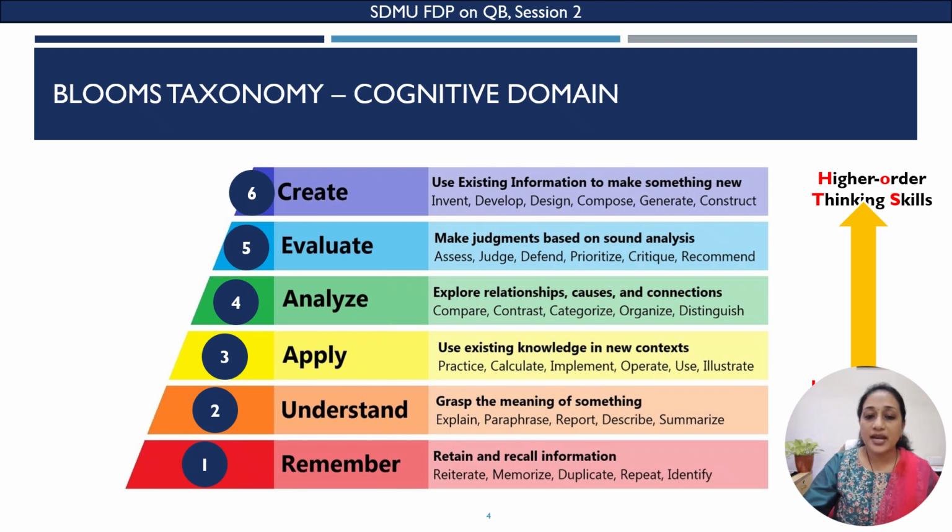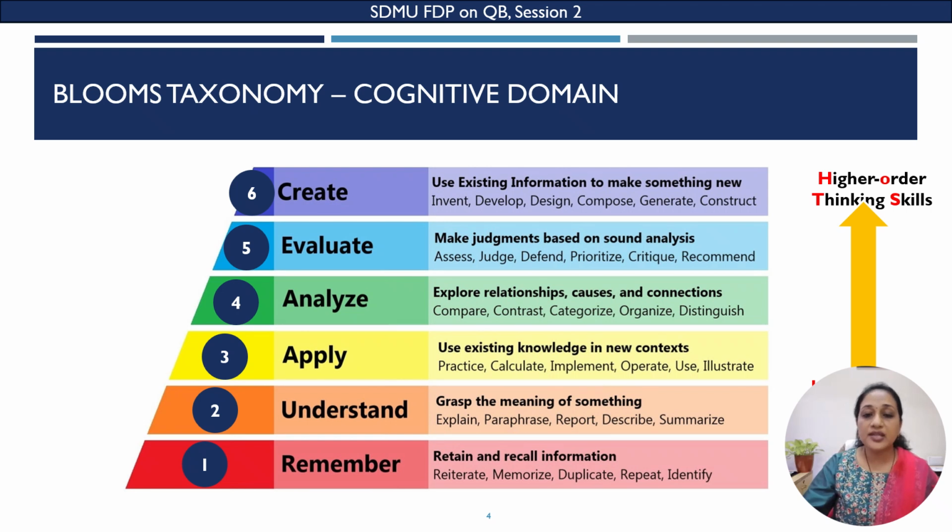Level 4 is analyze. The student breaks down the components into various parts and now establishes a relationship between the various components, and comes to categorize and organize the content that he or she has learned during the teaching learning sessions.